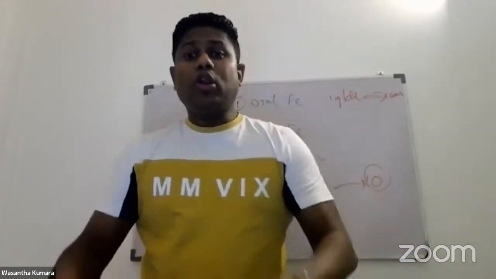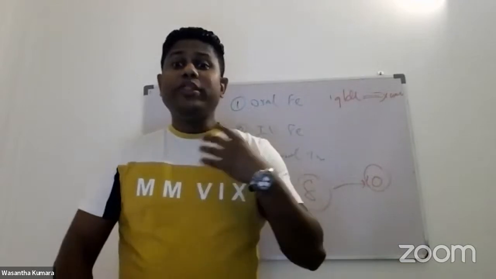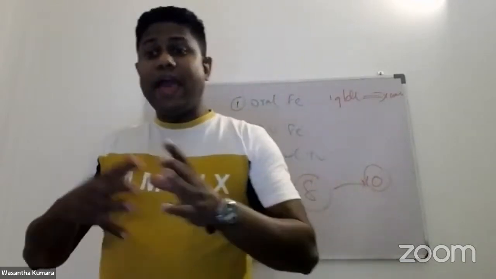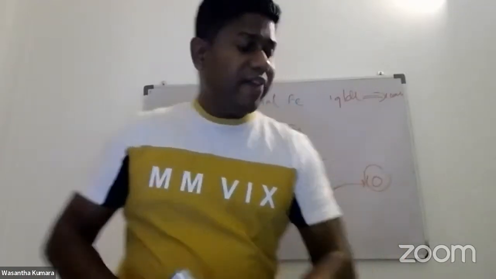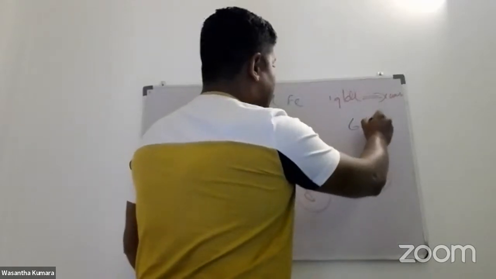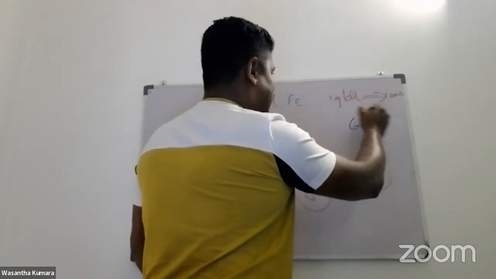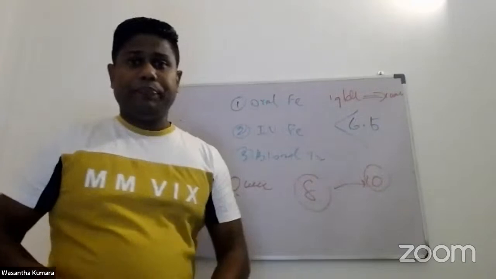HbA1c is mainly for the prediction of complications. All chronic diabetic patients, before they conceive, have to get down to a safe HbA1c level. HbA1c should be below 6.1, or some say 6.5, whatever it is, below that level.